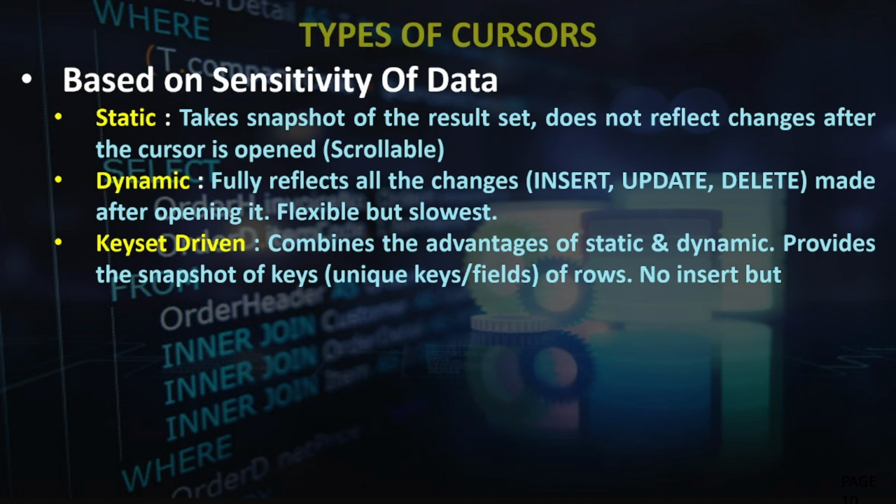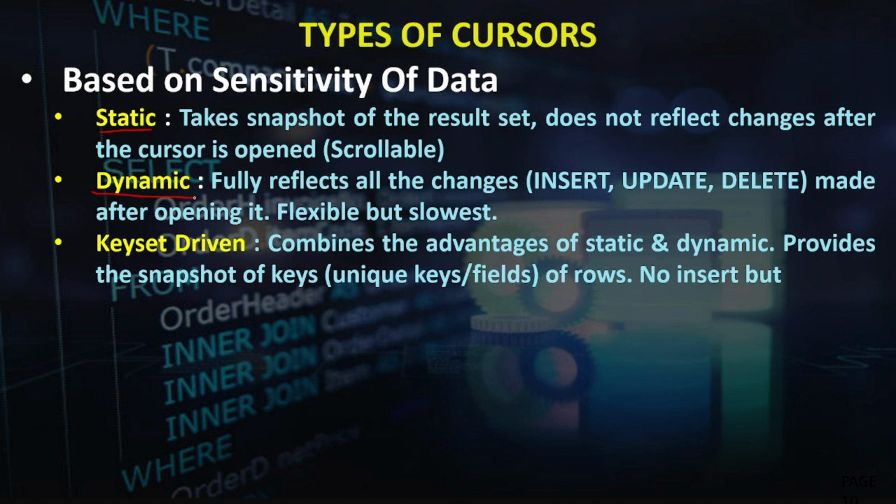If your cursor is of a static type and you have just started processing the records, even if there is a change in the source record, there will be no reflection, no changes will be taken into consideration. If you need a cursor where you are not worried about changed data, then you can create a static cursor. They're faster, but these are the consequences of creating a static cursor.